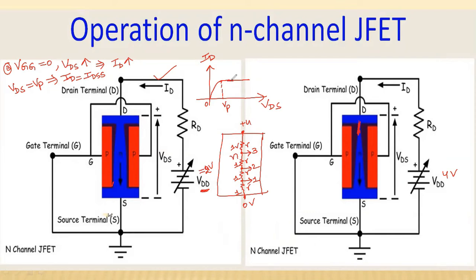So the current cannot go beyond this value. And this value of current is called IDSS, drain to source current with gate voltage 0, or VGG 0, or gate shorted, we can say.